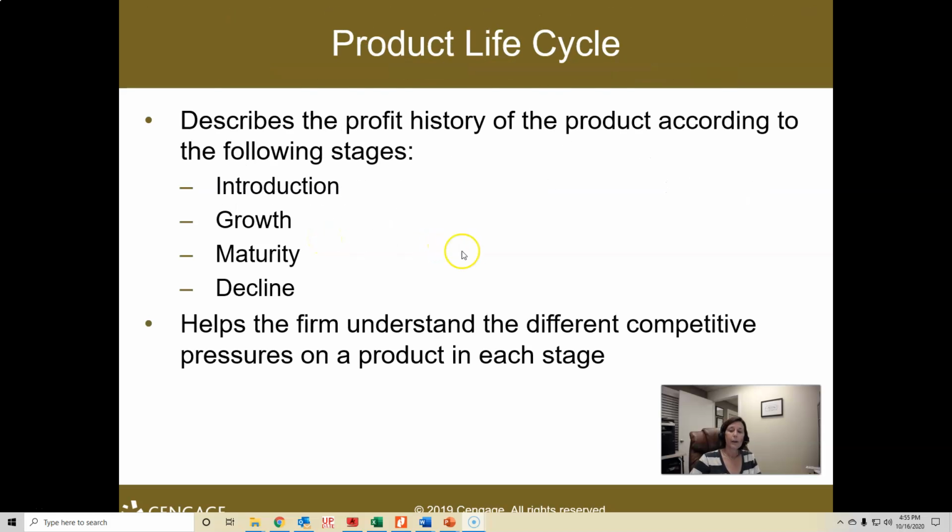Product life cycle, and I'm not going to go on to another video because I only have a few slides left for this. So every product is not going to have a flat line of a life cycle if we were to graph it in terms of units sold. A product is initially introduced to the marketplace.